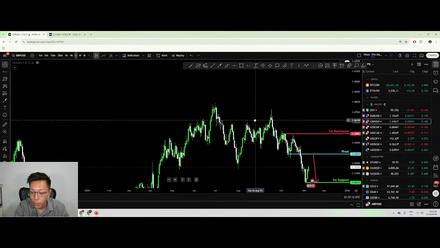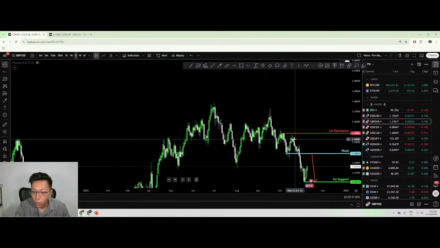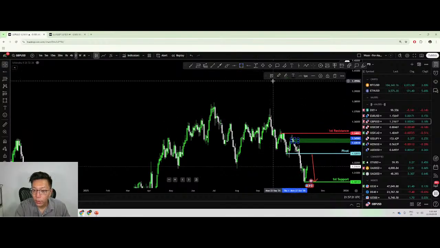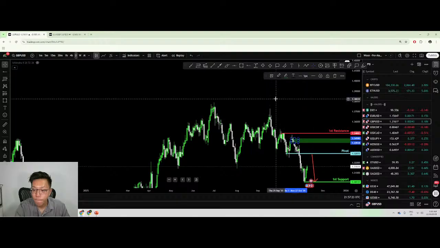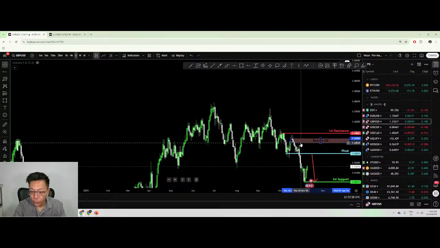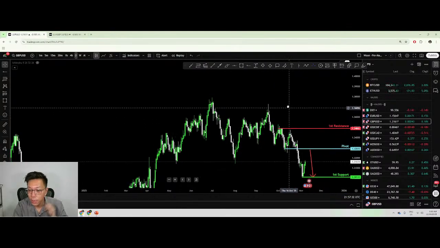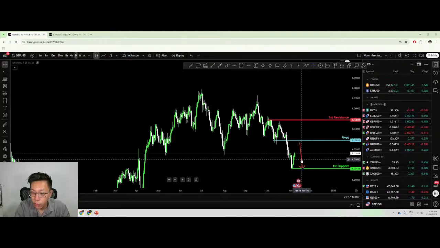So we want to keep it a little bit simple. Price will either react at this pivot point or at this supply zone over here. Oh, sorry. Yeah. So this is our GBP USD trade.